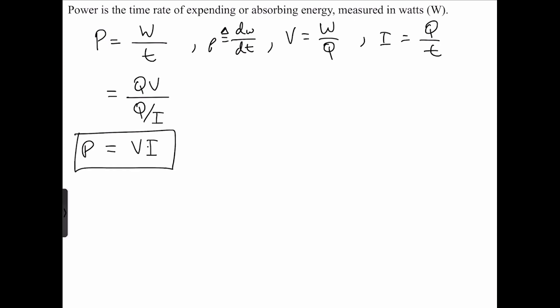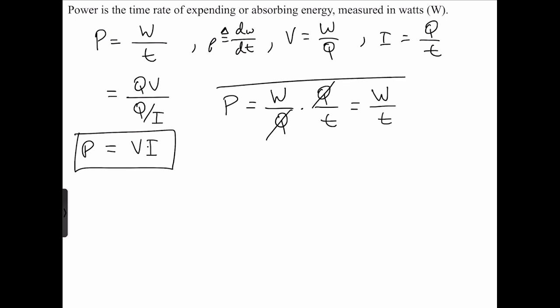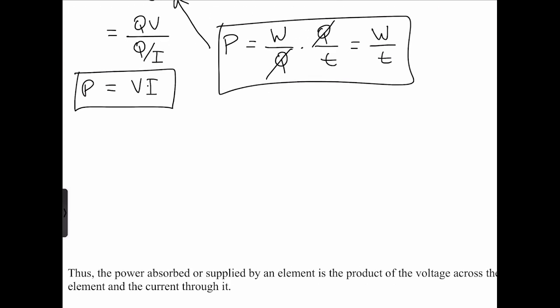The same way we get that, we could have done this, which we know that V is W over Q, and current is Q over T. And we see that the power equation goes back to the same. For the differential form, same thing.